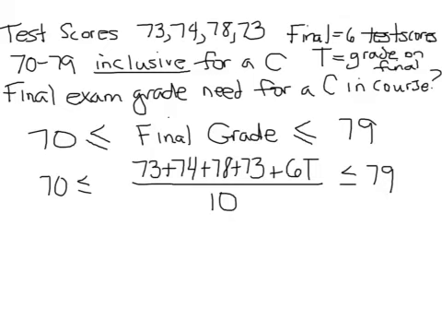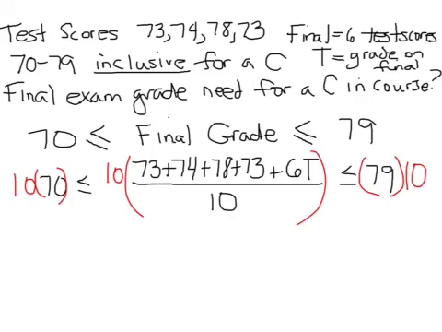So what that would look like is you're going to multiply this by 10, this by 10, and this by 10. But while you're at it, we can be efficient and add up these numbers here.